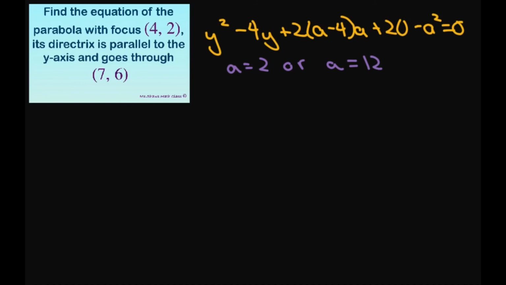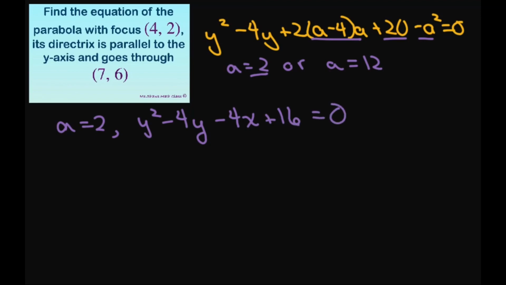If a is 2, then we're going to get y squared minus 4y, and you substitute in the 2 here, you're going to get minus 4x, and 20 minus 4 is 16.